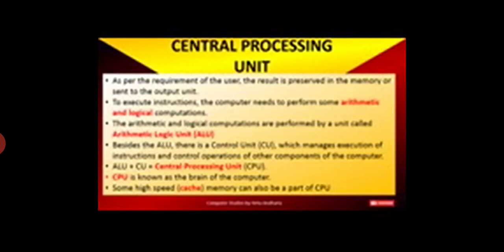To execute instructions, the computer needs to perform some arithmetic and logical computations. The arithmetic and logical computations are performed by a unit called arithmetic logic unit, also known as ALU. Now you may be thinking what calculations may need to be performed.